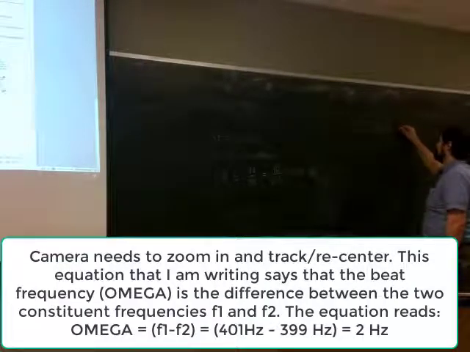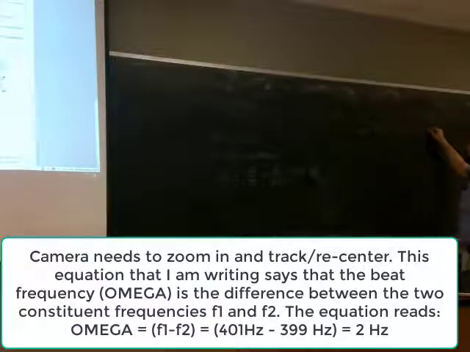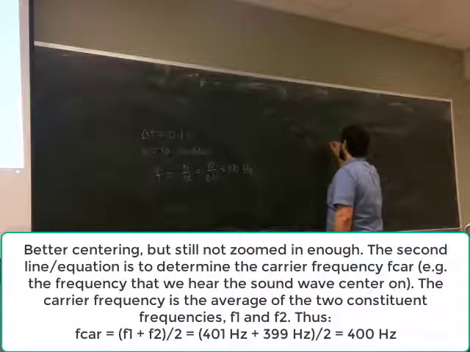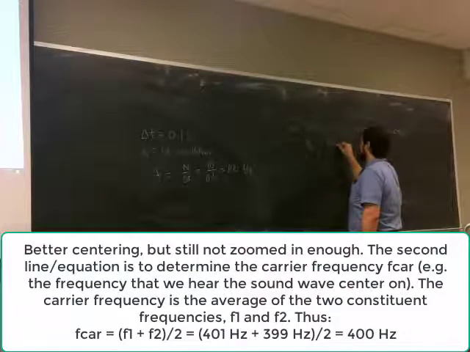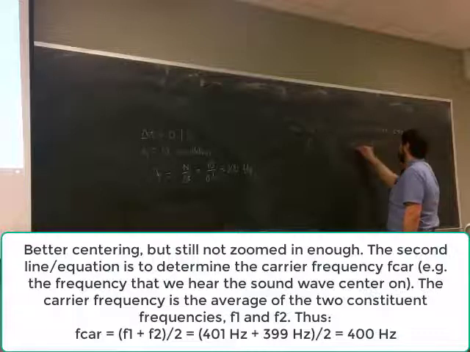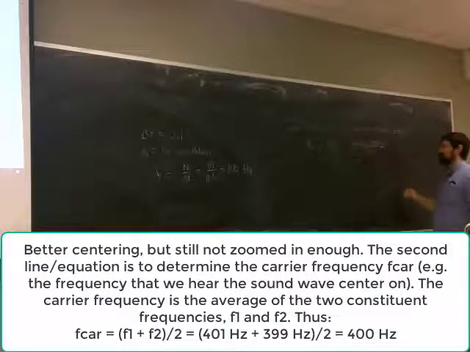Should be frequency 1 minus frequency 2. So 401 hertz minus 399 hertz is 2 hertz. The carrier frequency is the average of the two. Average of these two should give me 400.